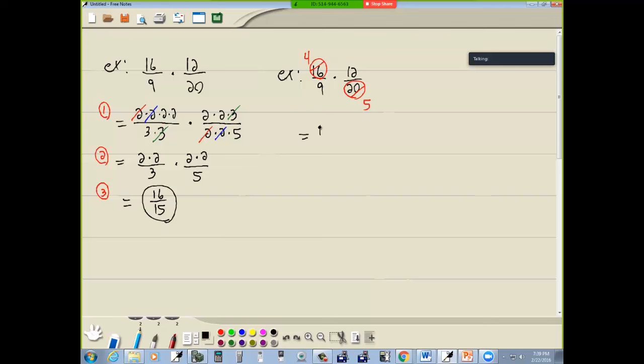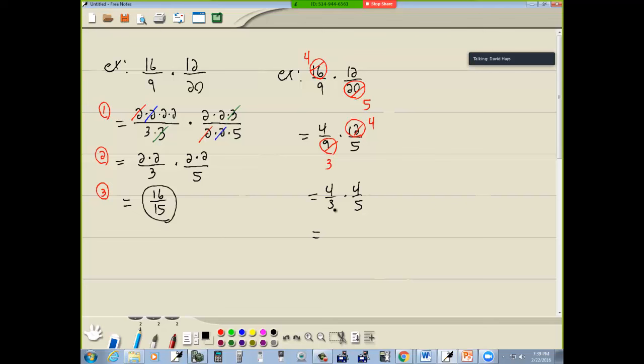So I got 4 over 9 times 12 over 5. Now here's a 12 and here's a 9. They're both divisible by 3. 9 divided by 3 is 3. 12 divided by 3 is 4. So we got 4 over 3 times 4 over 5.